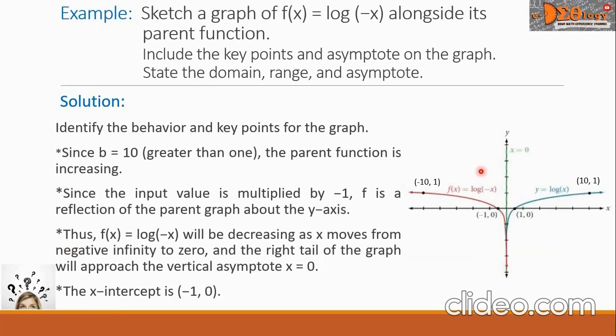Here are now the graphs. This graph in blue is the graph of the parent function, while this graph in red is the graph of f of x equals log of negative x. The x-intercept is here, the point negative 1, 0. And there is this one key point, which is negative 10, 1.